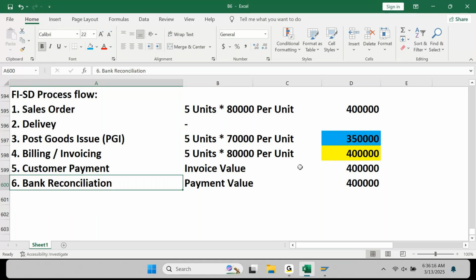We need to understand all these points will flow to COPA, because in COPA is where you define your sales reporting, your profitability reporting, your profit analysis.